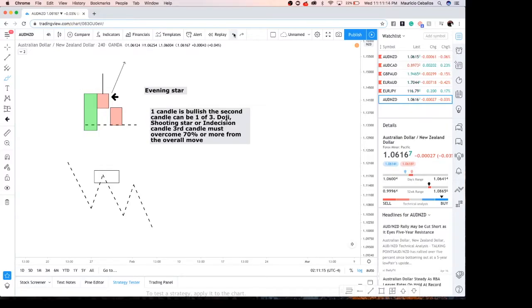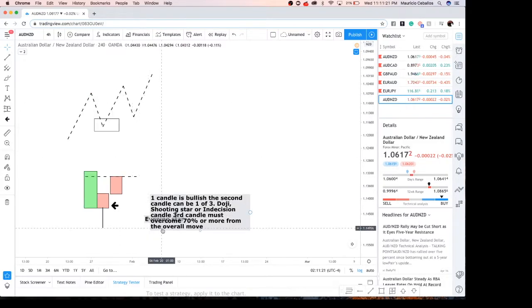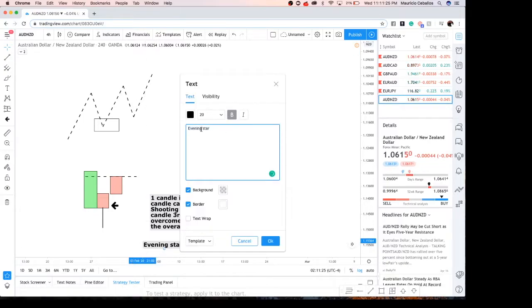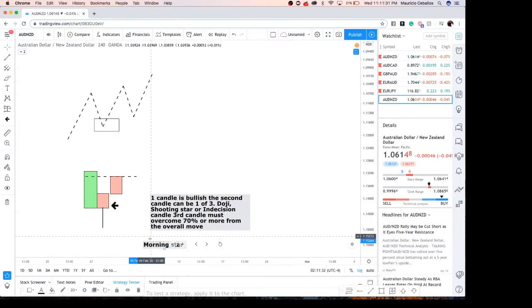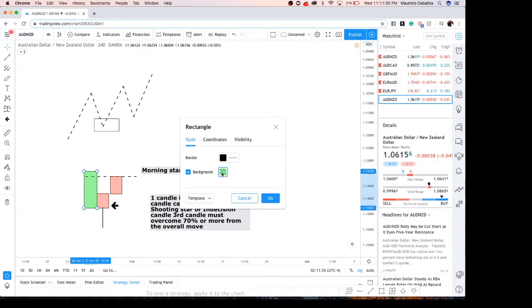And again, as there is an evening star, there should also be an inverted version, and the inverted version is going to be our morning star. Morning stars, we're able to identify at the bottom of the market in a bullish market structure. Our morning star is formed by a first candle that is bearish.